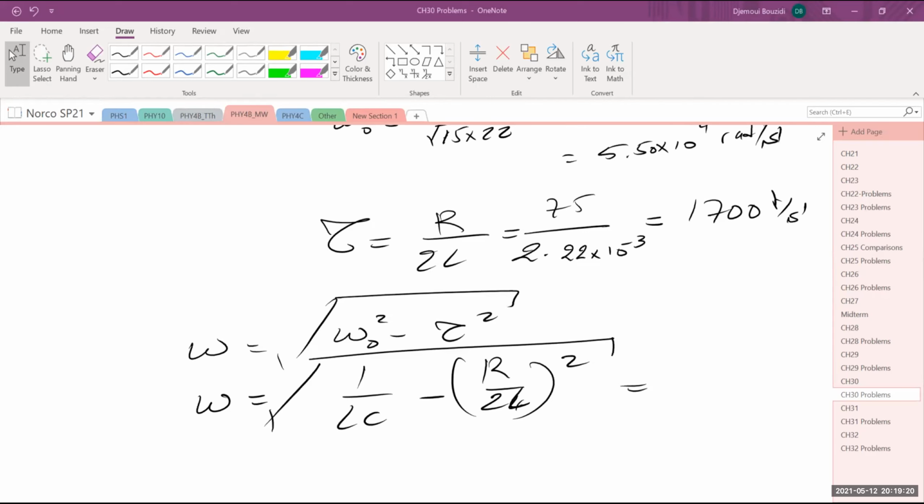Close the parentheses, squared. No, actually, there is another parenthesis in here. I have to be careful with that. That's probably why it was complaining. Now close the whole parentheses. That's giving me 55,022.21, so it should really be 55,000 radians per second, because we're supposed to keep only 3 sig figs.